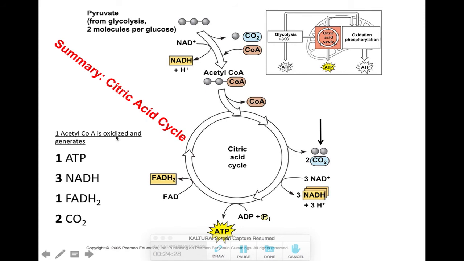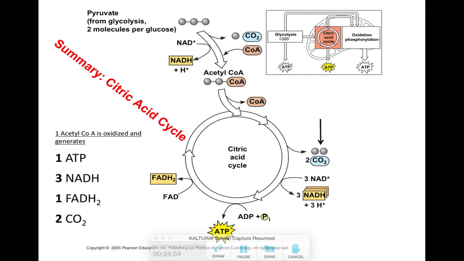Try to memorize the inputs and outputs. Hey guys, remember that if they say per citric acid cycle how many ATP are formed, you'll say 1. If they ask you per glucose how many ATPs are formed till the citric acid cycle, then you have to add up everything that has formed. Glycolysis is only 2 ATP.